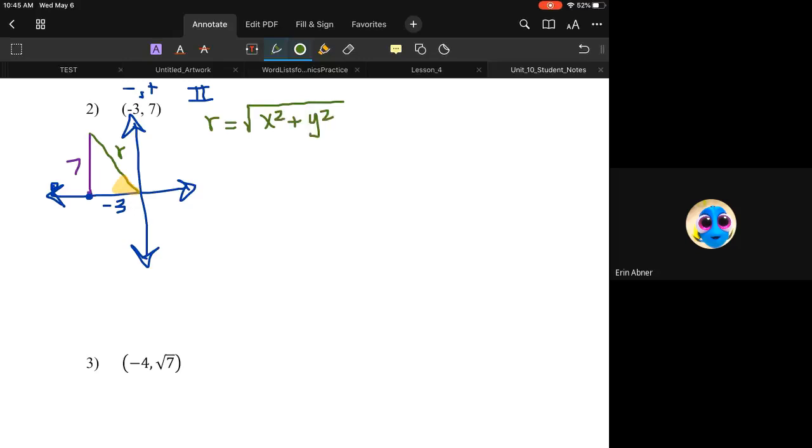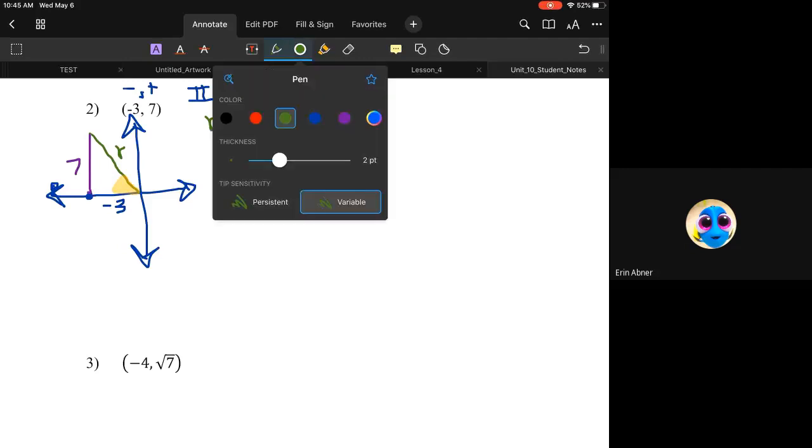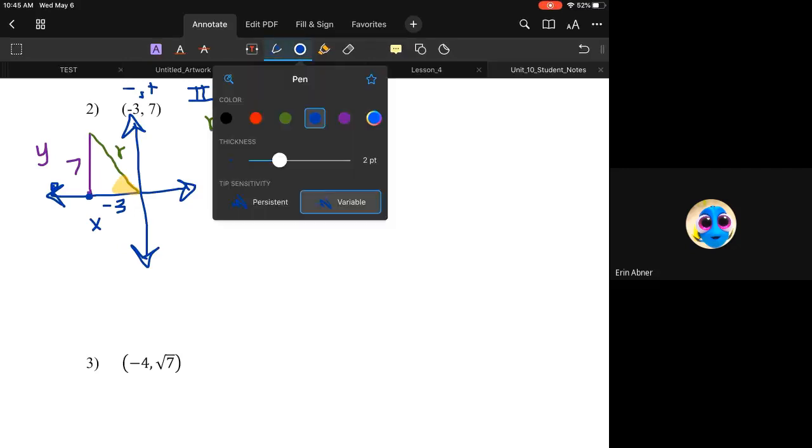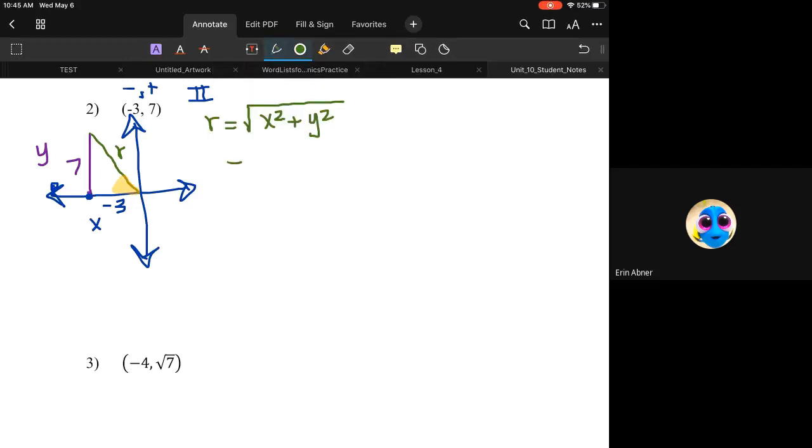So it is equal to the square root of negative 3 squared plus 7 squared.